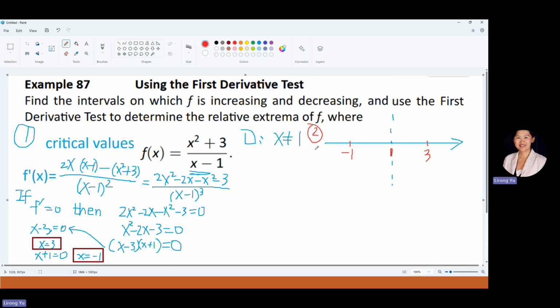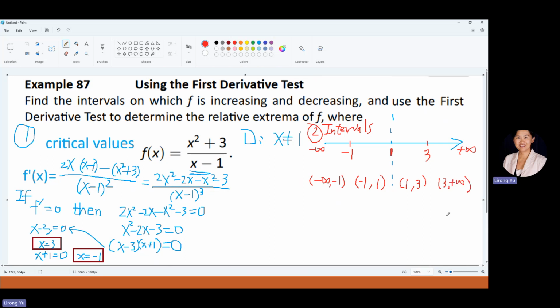So here we have negative infinity on the whole number line. In step 2, we're trying to determine the intervals. An interval is part of the number line. So we go from negative infinity to negative 1, then negative 1 to positive 1, then 1 to 3, and then 3 to positive infinity.